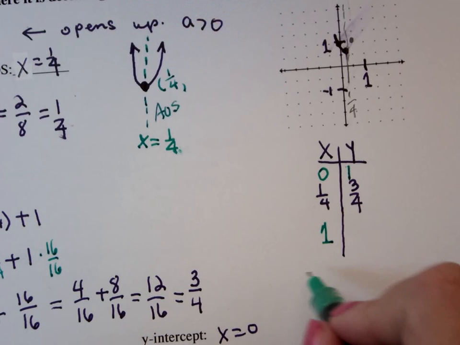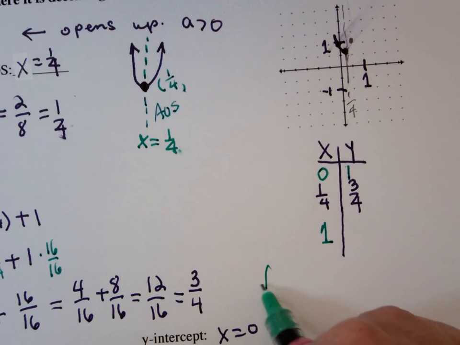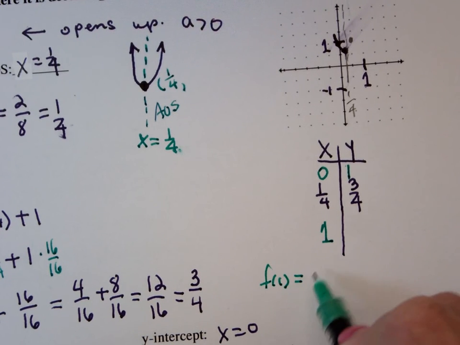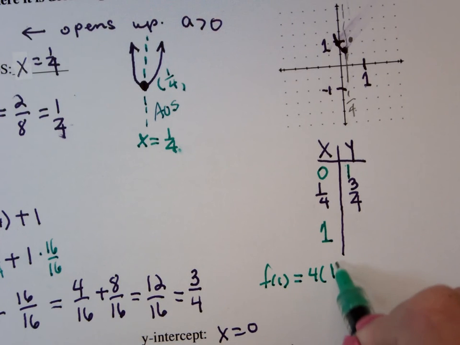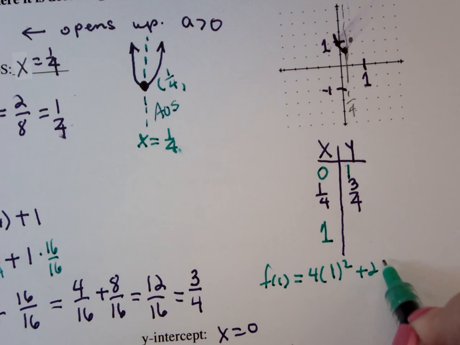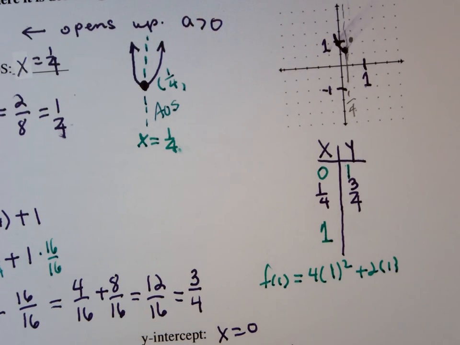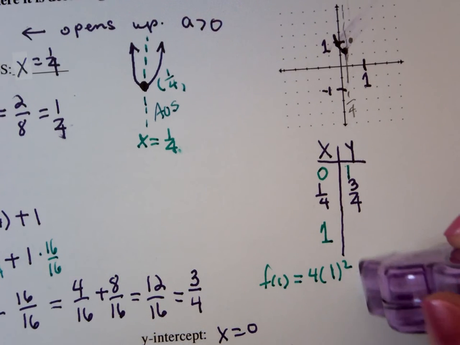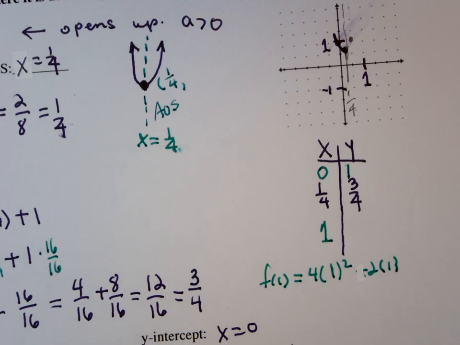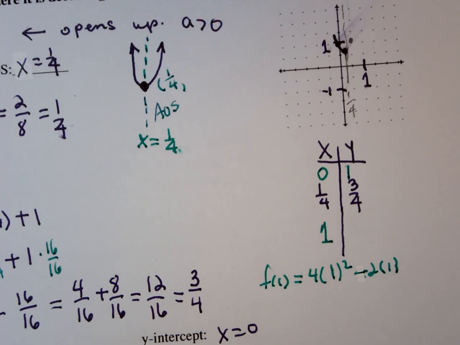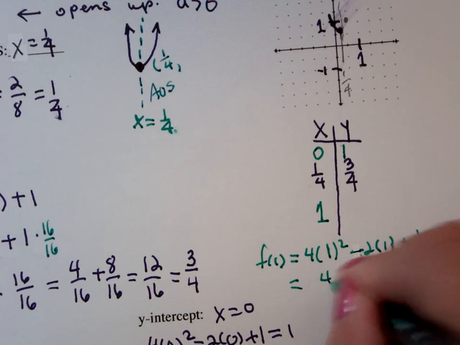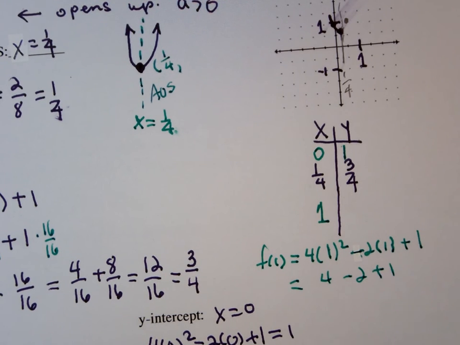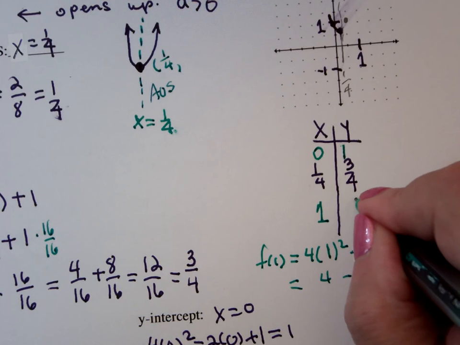So if I use f of 1, this is going to be 4 times 1 squared plus 2 times minus 2 times 1 plus 1, which is 4 minus 2 plus 1. 4 minus 2 is 2. 2 plus 1 is 3.